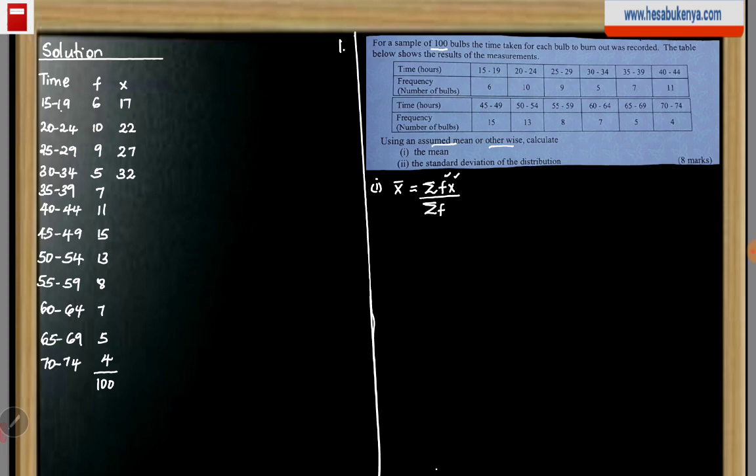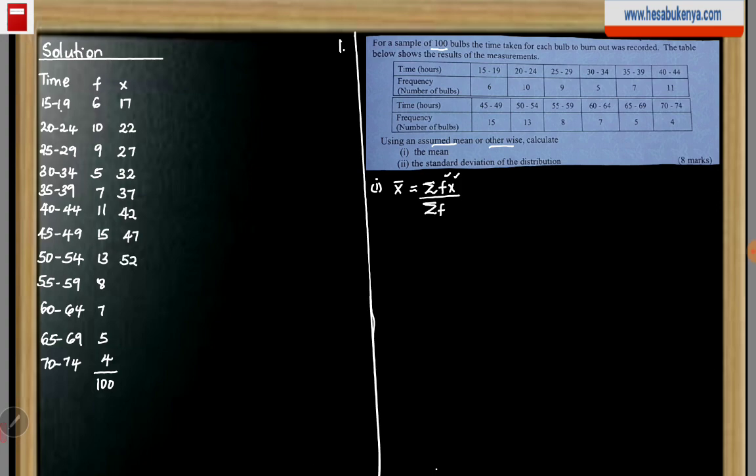Then 35 plus 39 divided by 2 to give us 37. 40 plus 44 divided by 2 is 42. 45 plus 49 divided by 2 is 47. 50 plus 54 divided by 2 is 52.